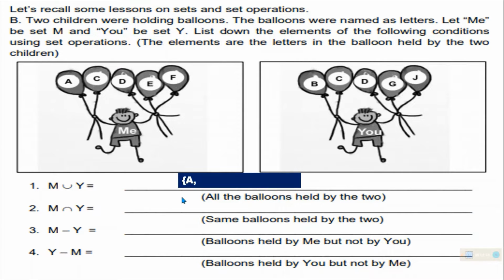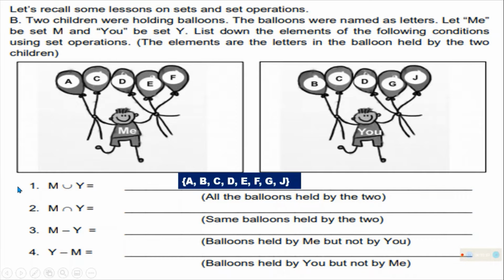So the answer is A, B, C, D, E, F, G, J. So, we combine all the elements.